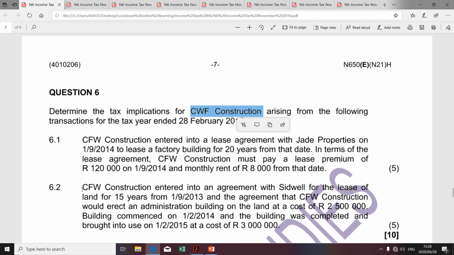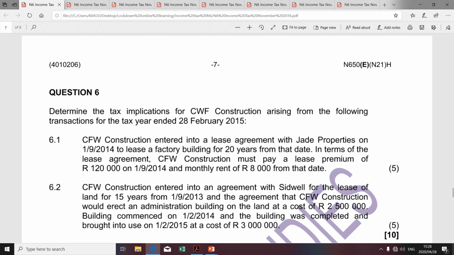In 6.2, we're told that CFW construction entered into an agreement with Seedwell for the lease of land for 15 years from the 1st of September 2013, and they agreed that CFW construction would erect an administration building on the land at a cost of 2.5 million. The building commenced on the 1st of February 2014, and it was completed and brought into use on the 1st of February 2015 at a cost of 3 million.